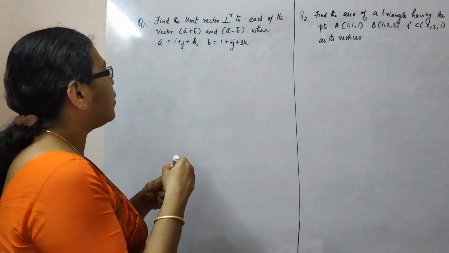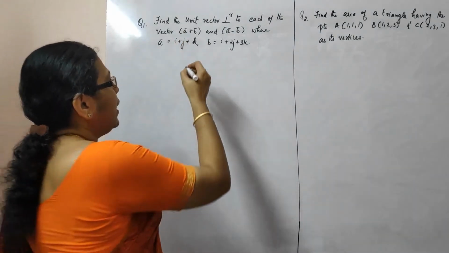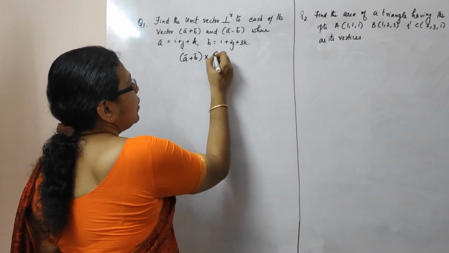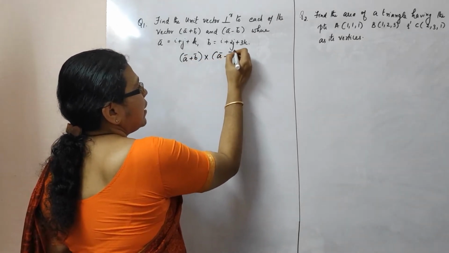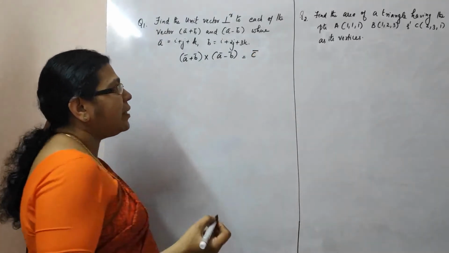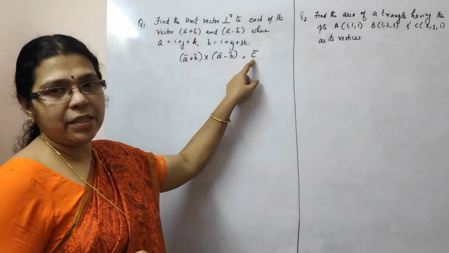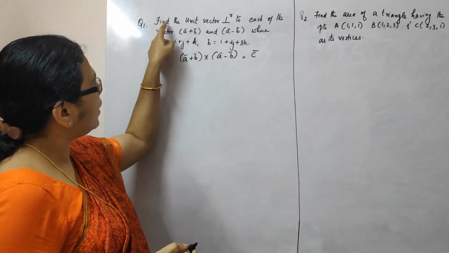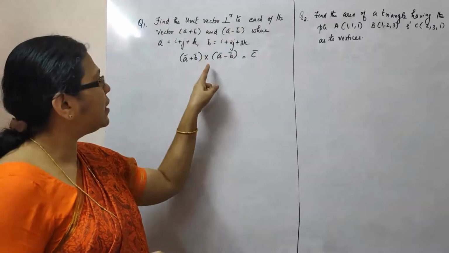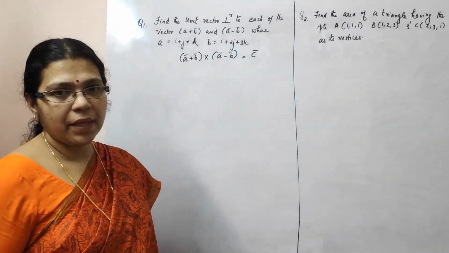So I find the cross product between vector A plus vector B, and vector A minus vector B. I find the cross product of these two, and that gives the direction of the unit vector perpendicular to both these vectors. Am I clear?